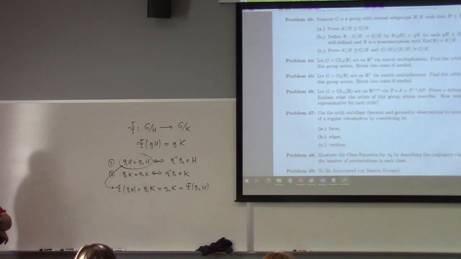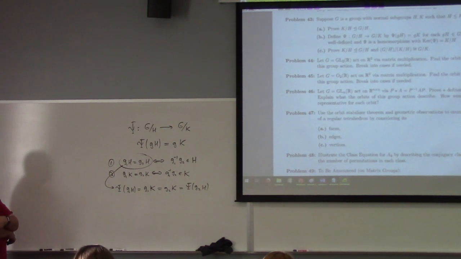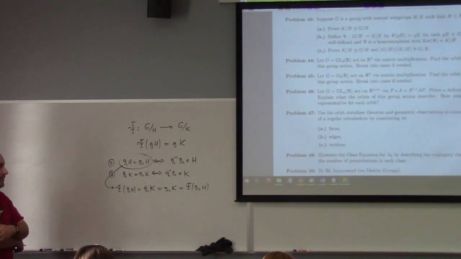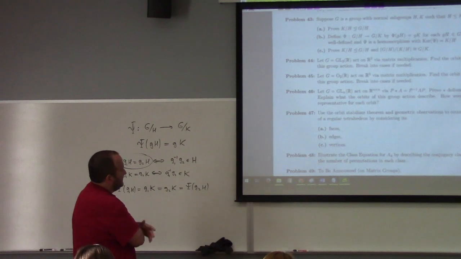However you want to package this, it's clear it's single-valued because the output when we look at representative g1 is g1K. The output when we look at representative g2 is g2K, but g1K and g2K are the same coset in G mod K. So that means it's single-valued. Yeah. So is it just saying if you have equal inputs, then you get equal output? Right. The issue is equality is masked by the ambiguity of representatives for the coset space. So that's single-valued.